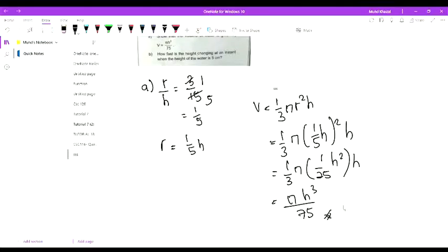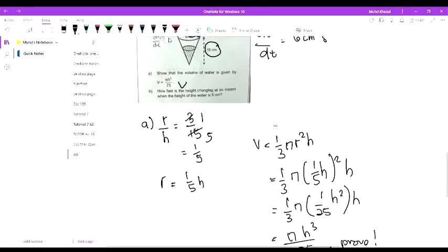So we prove this expression as shown in subquestion A. So we finish subquestion A, and now let's read subquestion B.